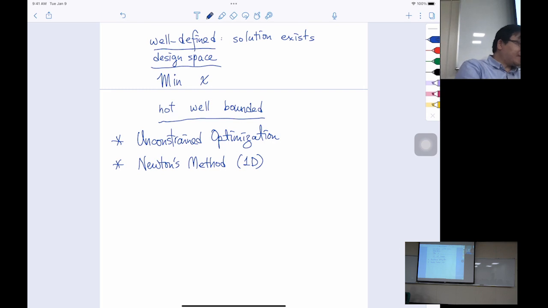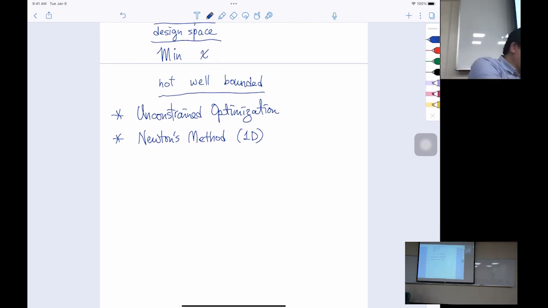What happened was we usually assume, so for Newton's method, we usually assume an optimal solution exists.